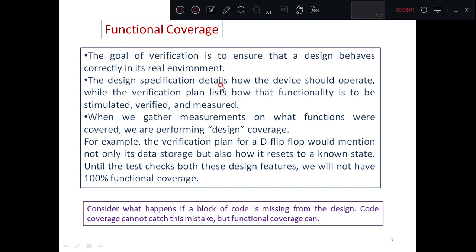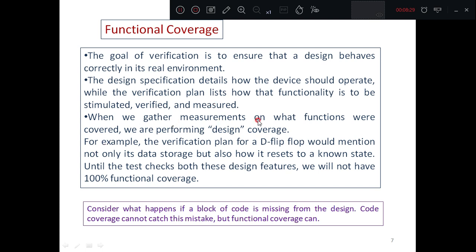So whatever functionality the design is made for, the verification plan should list how it has to be simulated, how it has to be verified and how it has to be measured.